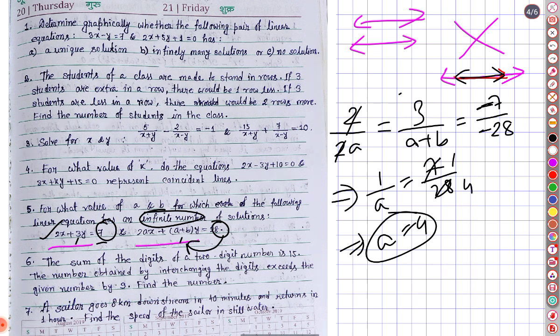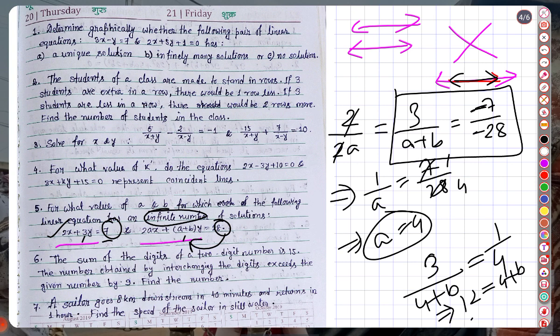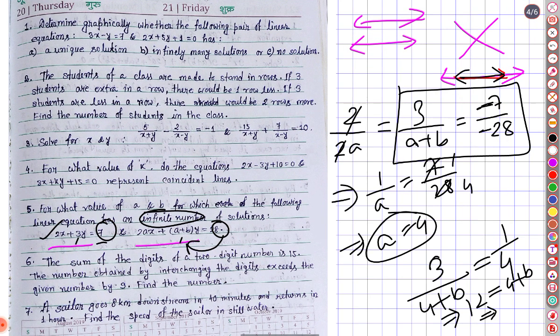Again, if you take these two, you will get 3 upon a plus b is equal to 1 upon 4. If you do the cross multiplication, you will get 4 times 3 is 12, so 12 is equal to 4 plus b. That means b is equal to 8.